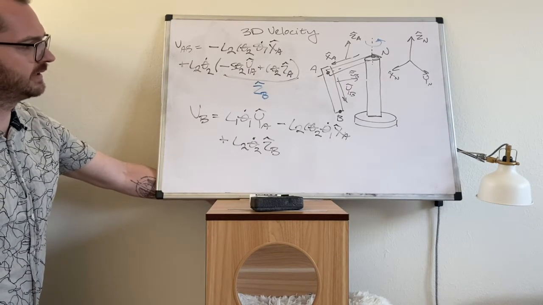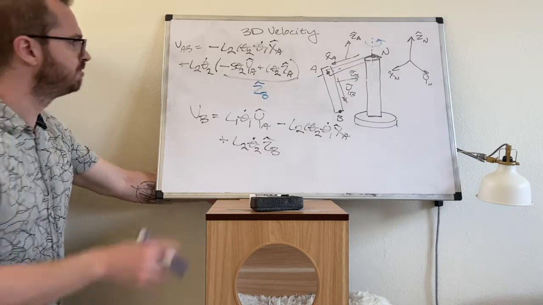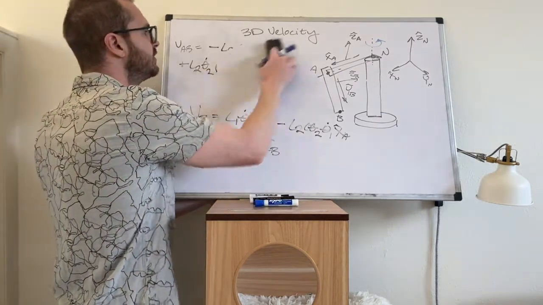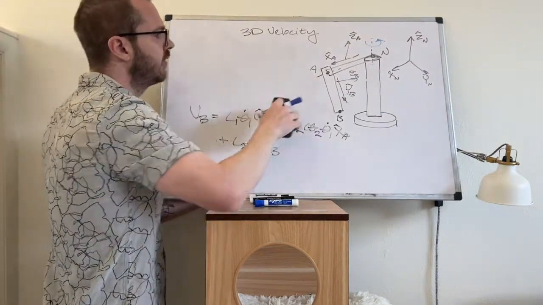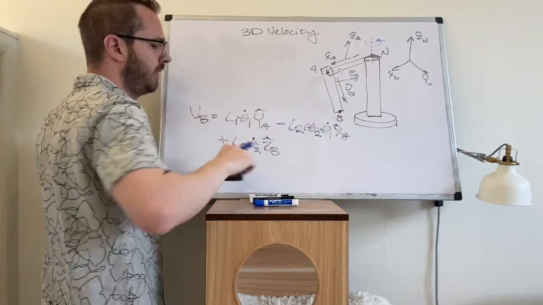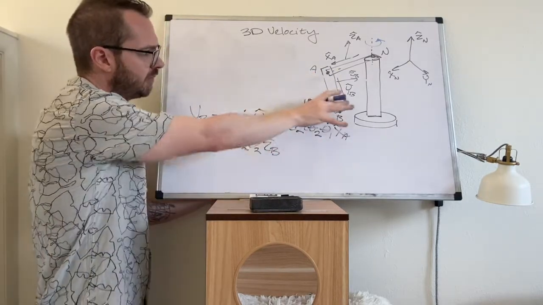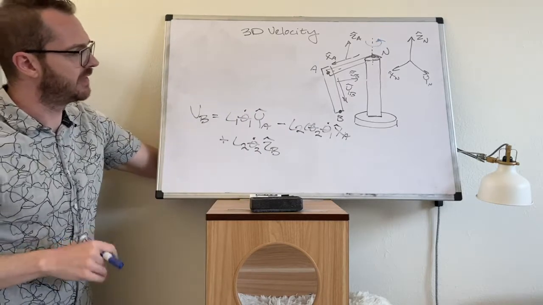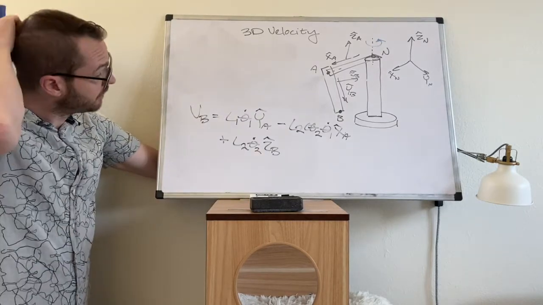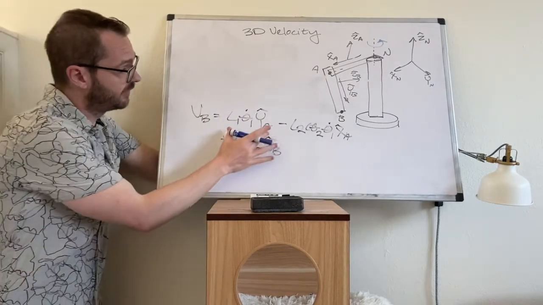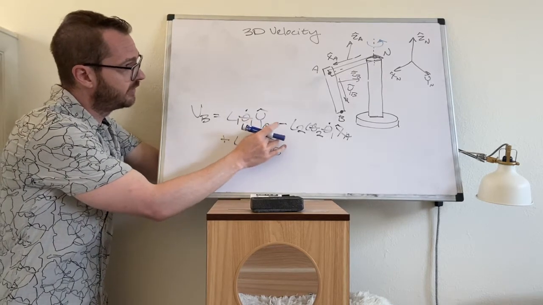Now, let's ask ourselves, does this make sense? Because it seems kind of messy. Here's your diagram, and it's always helpful to go back to the diagram and plot these terms as much as you can, and then ask yourself, does this make sense? So, first of all, this first term, L1 theta 1 dot YA.